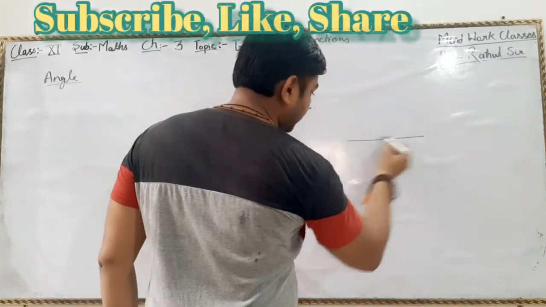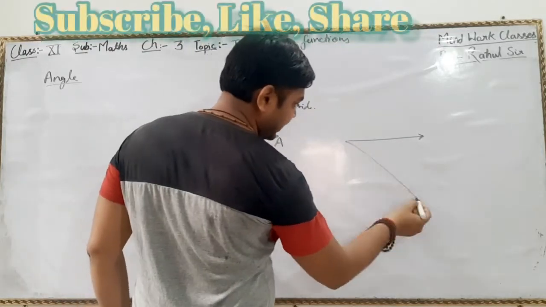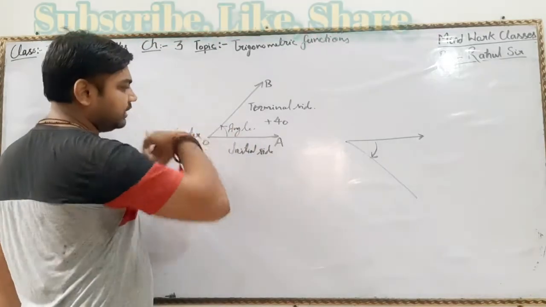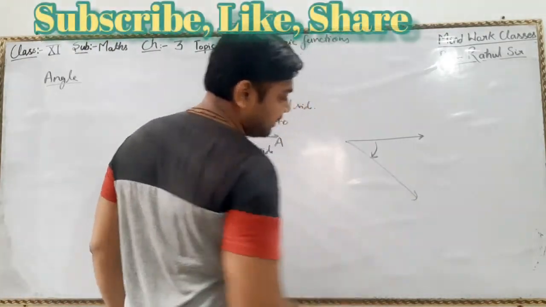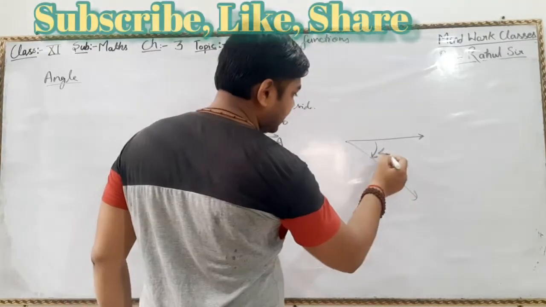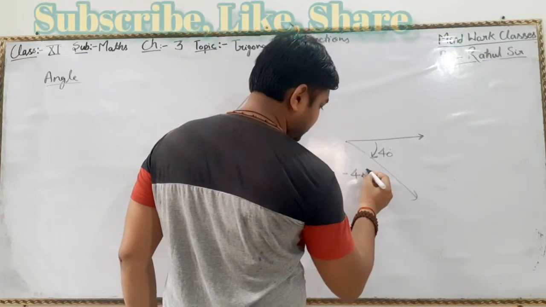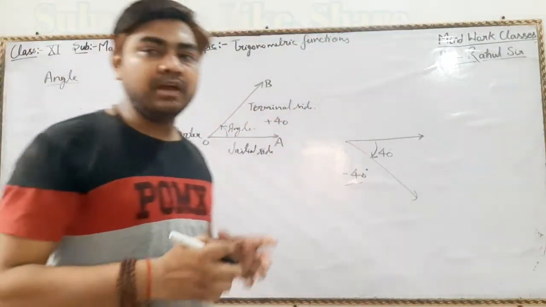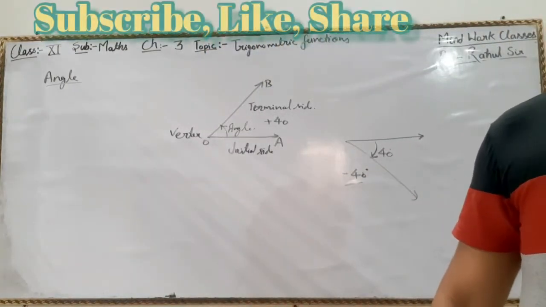Now if we rotate this ray clockwise, previously we rotated anti-clockwise, then this angle, let us say again 40, is minus 40. So clockwise rotation gives a negative angle. These are the basic things.